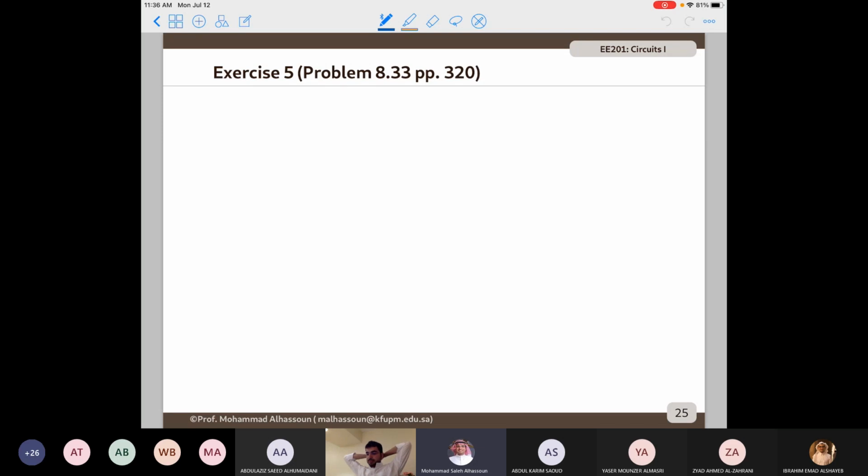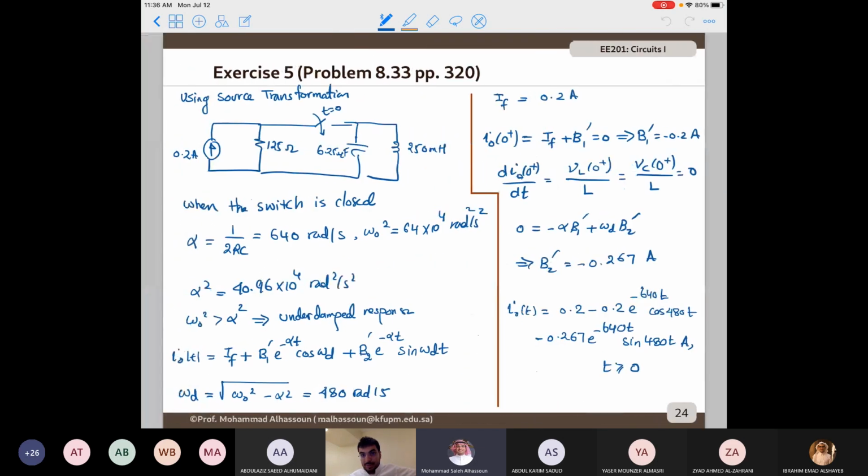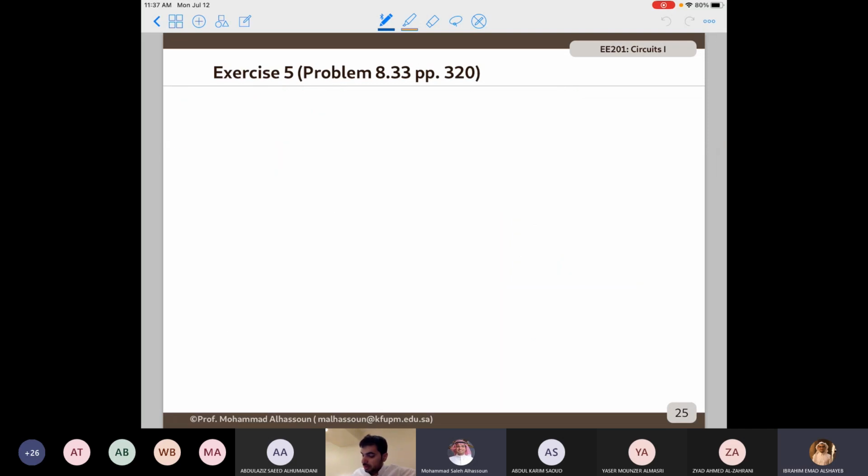Okay, very good. Fahim? Doctor, when we differentiate, isn't cosine omega d constant as B1? When we differentiate I naught, we end up having B prime times negative alpha.